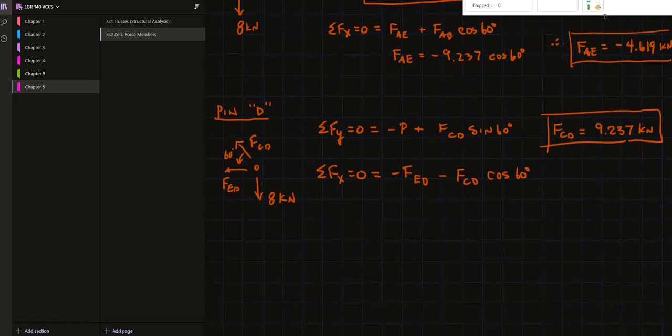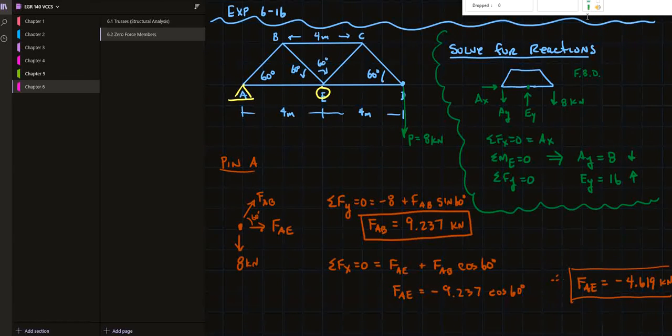I can plug 9.237 in here, so half of that, because that's cosine 60. So F_ED is going to end up being negative half of CD, so it's going to be minus 4.62. Okay, so we've solved for this one, this one, this one, this one. We only have 3 more to do.